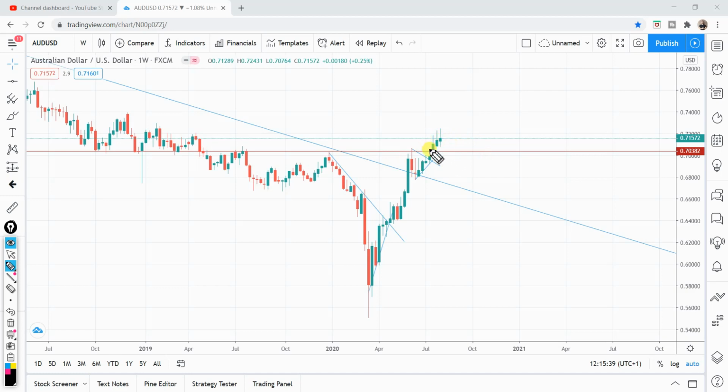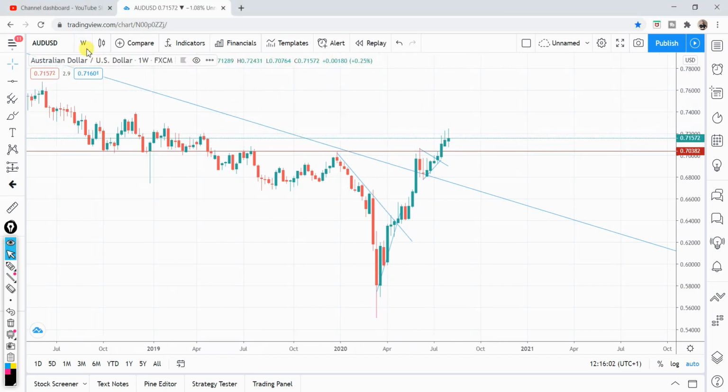I don't think there will be too many gaps, so I'm hoping the price will have a retracement. Whether the price gets down to this level in the next week, obviously I would not know, it could take either next week or the week after, but it doesn't mean that we can't trade.